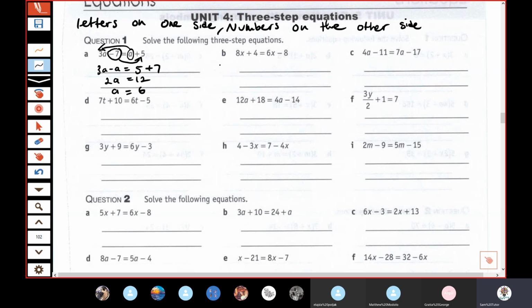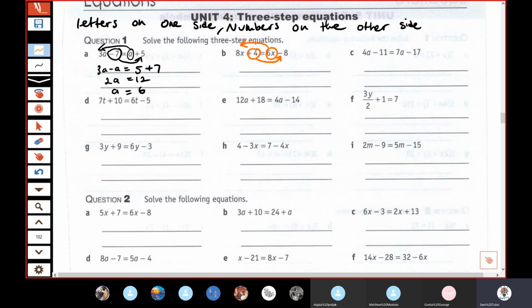Let's try it again. It makes more sense as you do more questions. So the trick is you circle your letter. That's the one you're going to bring to the left. Whatever you're bringing to the left, you circle that number. You're going to bring that to the right.